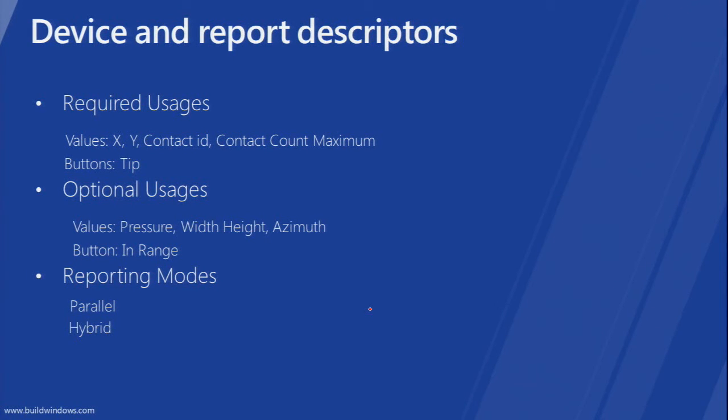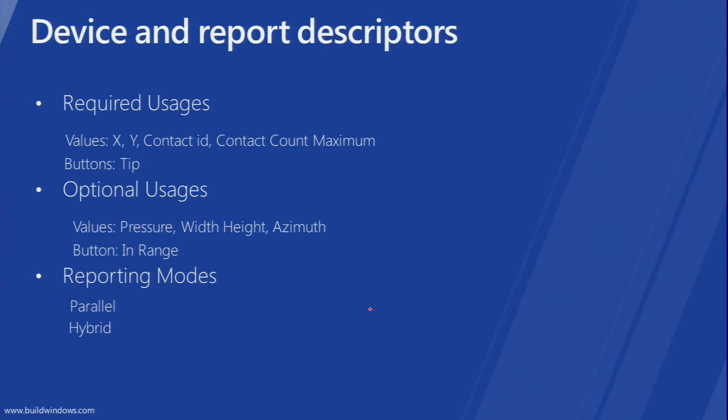We also have the tip usage, which essentially lets us know the state of the current contact. Optional usages that we have include pressure, width, height, and azimuth, which is just the orientation angle for the current contact or finger.